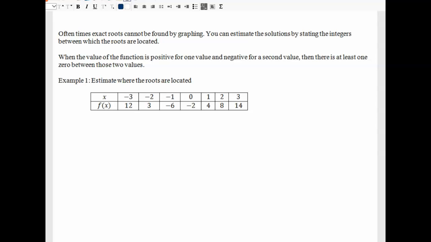So what we need to do is look at a table and estimate where those roots might be. When you have the value of a function, if y changes from a positive to a negative, in order to go from a positive number to a negative number, we have to also go through 0.